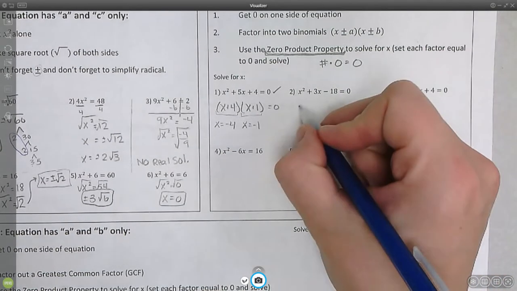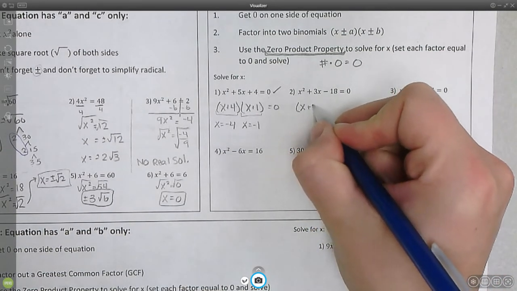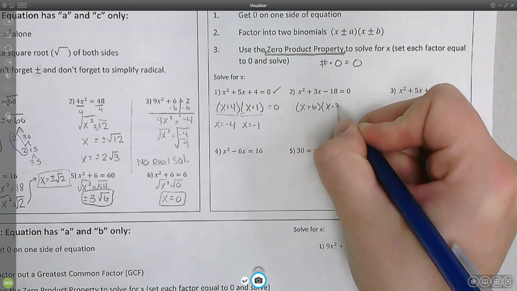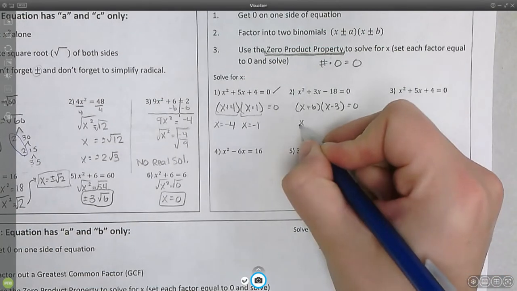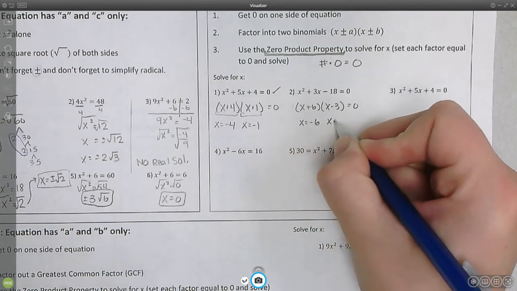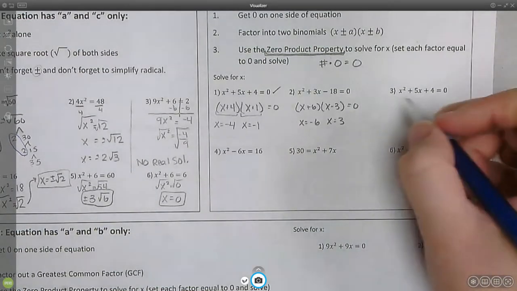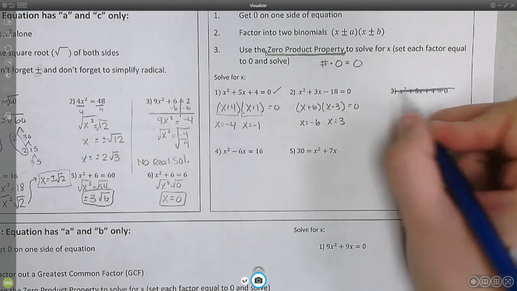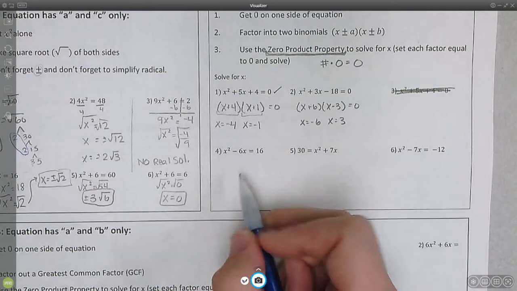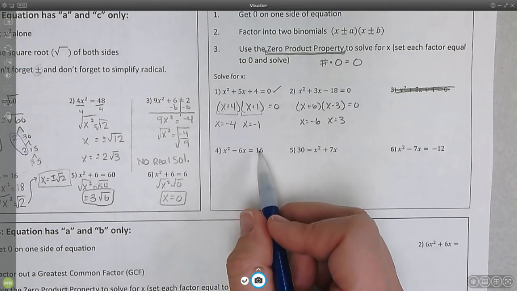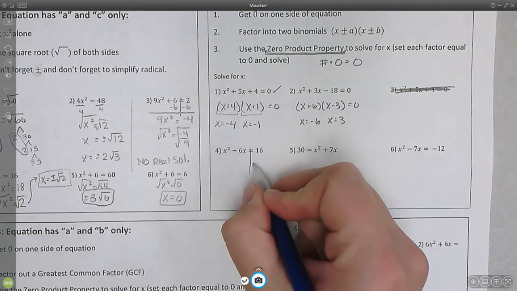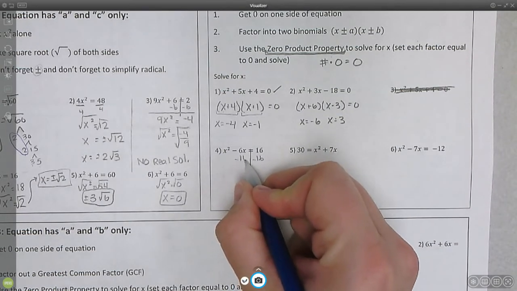Let's see, this one you factor, so you have x plus 6, x minus 3 equals 0, so you get x equals -6, and x equals 3. This is the same as number 1, so cross that out. Okay, so now this one is not already set equal to 0, so we have to subtract 16 from both sides.